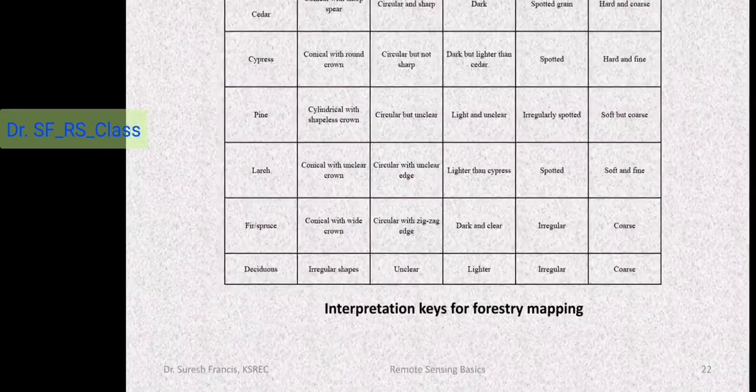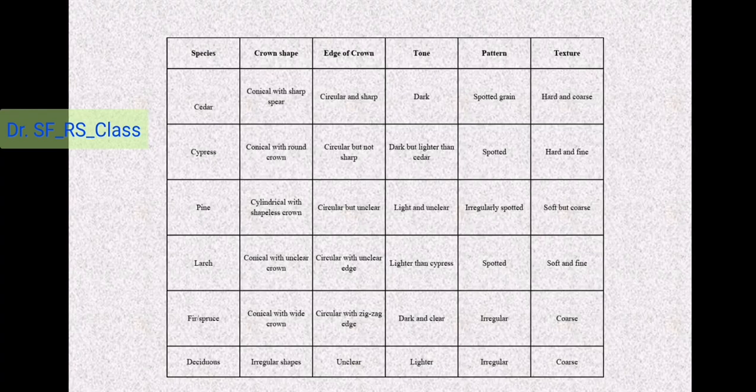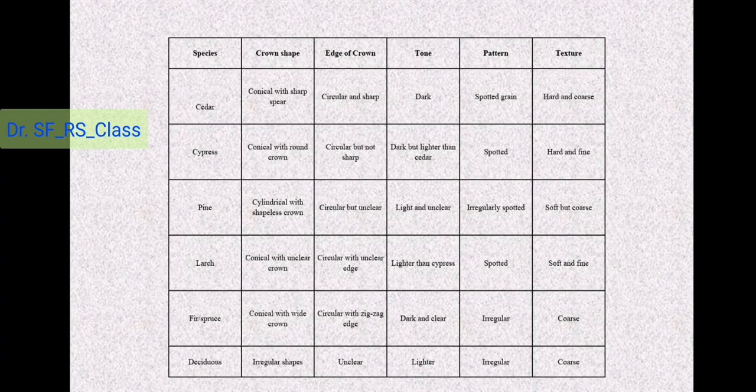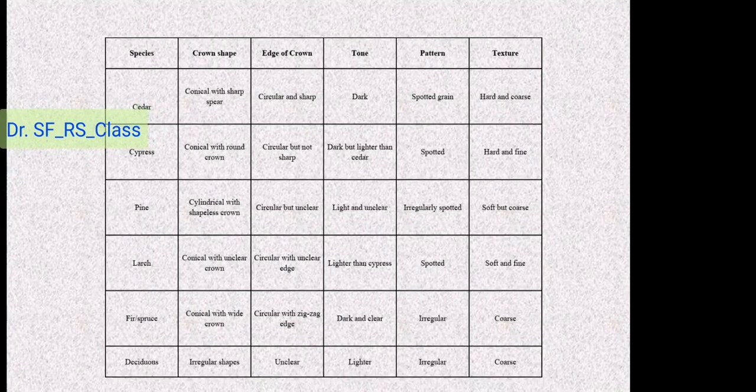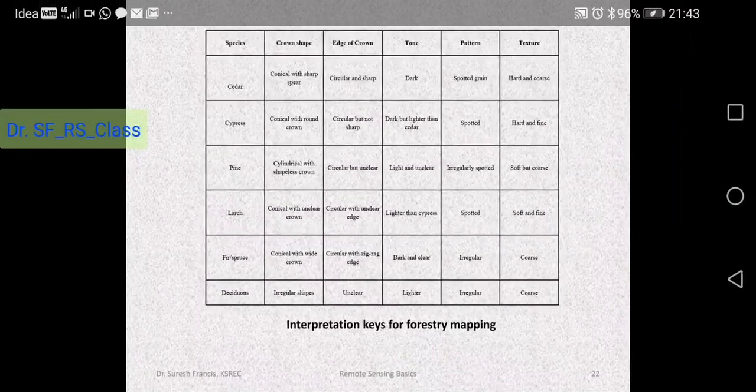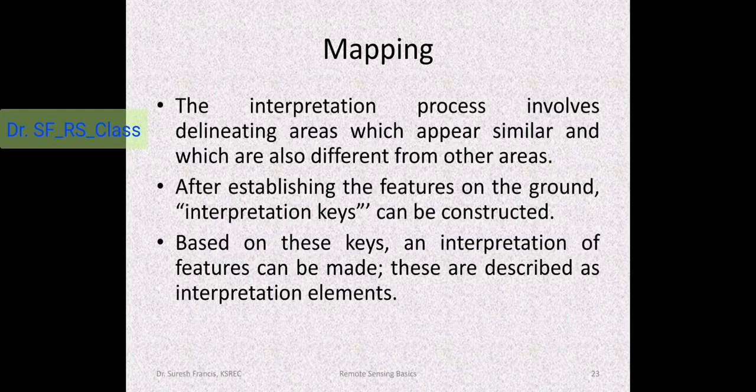So similarly, interpretation keys for other species of trees are given. You can have a look into that, and we will have to develop our own keys for the vegetation species and all other land use characteristics before interpretation.